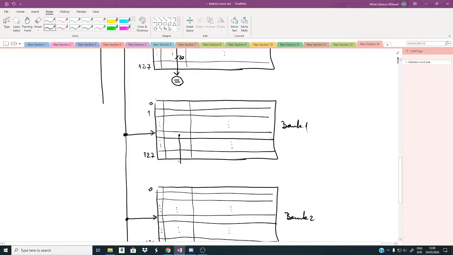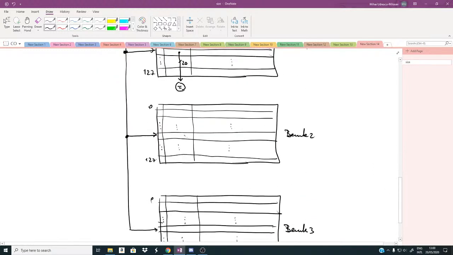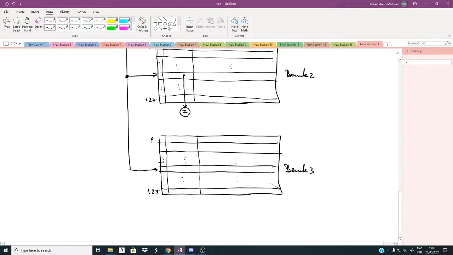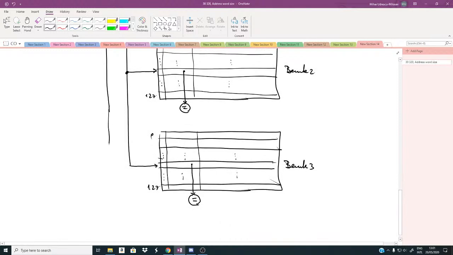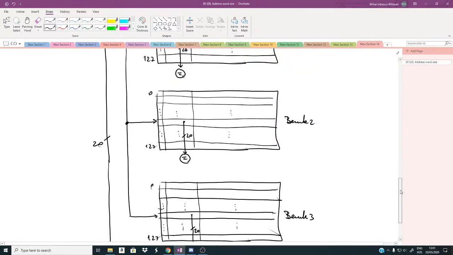Okay. Something like this. Okay, so it compares with, okay, like this.